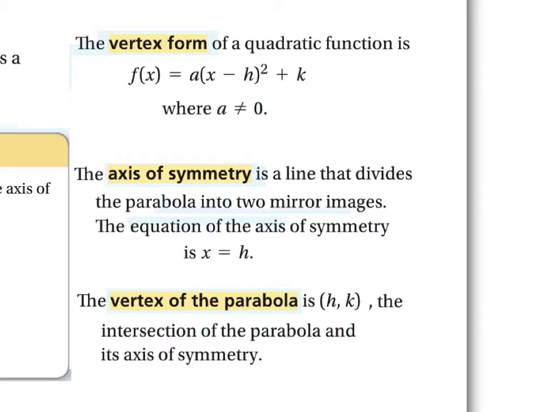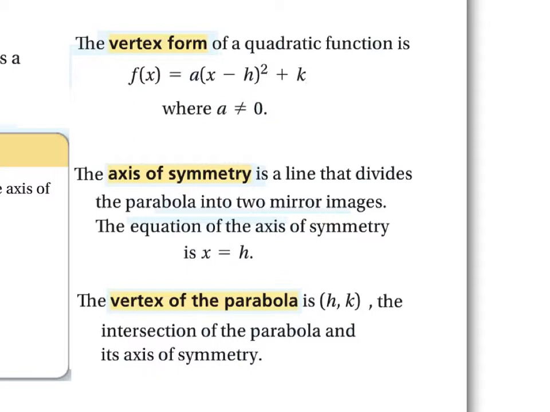But other than that, the form of that equation looks exactly the same as it did with absolute values and exactly the same as it did with square roots. But rather than calling it general form, we're now calling it vertex form. So this is the vertex form for a quadratic equation.